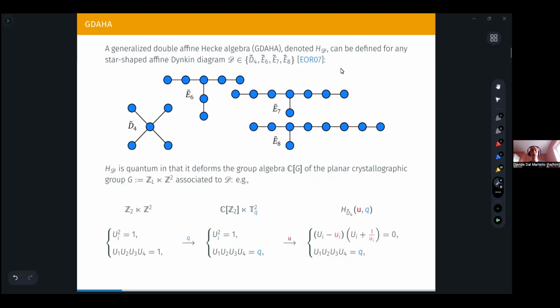In terms of the involution, then we deform it in the Hecke type way. Just a quick question, GDAHA and affine. Please, yes. So when you put this Q in, you say you get suddenly the non-commutative torus instead of Z2. Exactly. So technically, this is the group. You take the group algebra of it. So the component here in terms of the group algebra becomes Laurent polynomials in two variables.